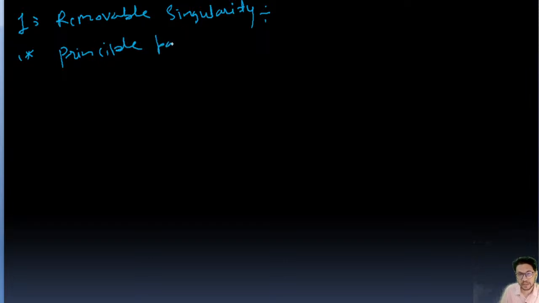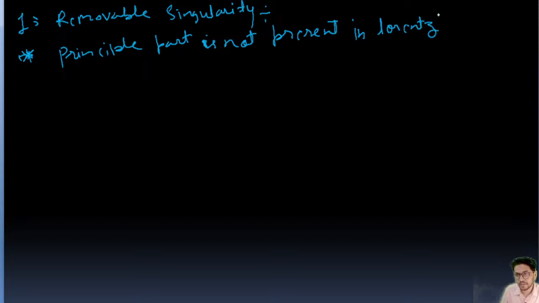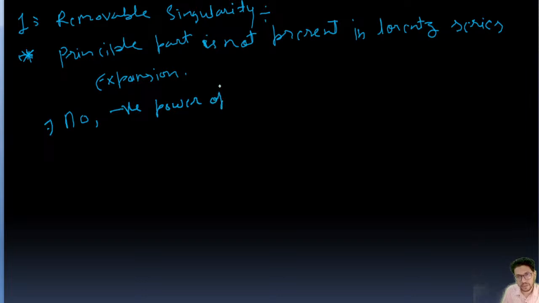The principal part is not present in the Laurent series expansion, that is, there is no negative power of z. So removable singularity means there wouldn't be any negative power of z.